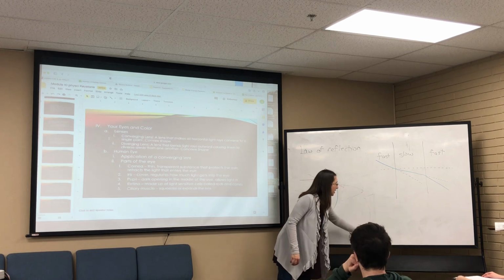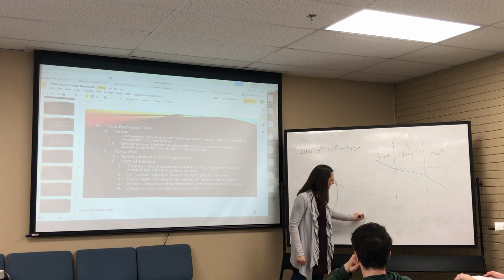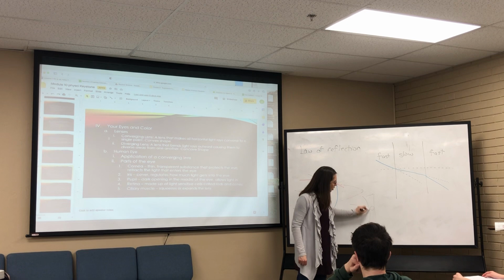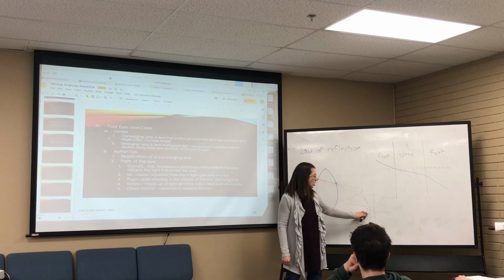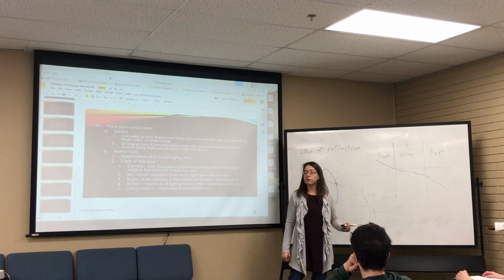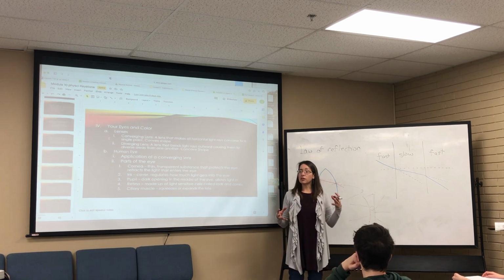When we have a diverging one and it's spreading out, where the light comes in affects where it's thinnest. This whole curvature matters because it's going to change where it breaks on the outside. So if your curvature is off, or the focal point, they call it the foci, is off, then the light's going in a different direction.